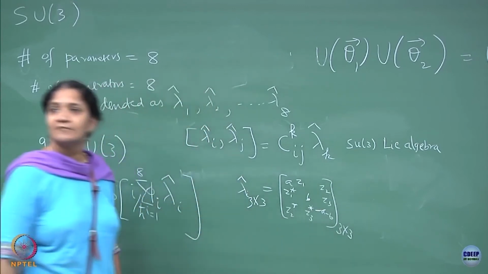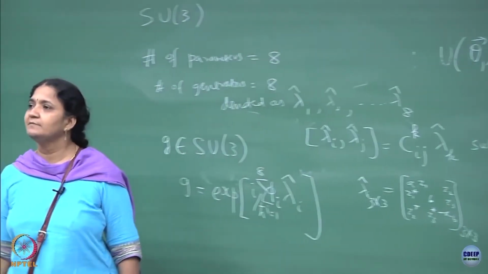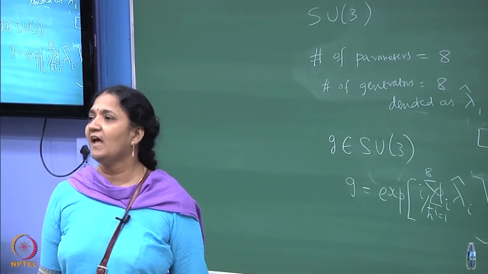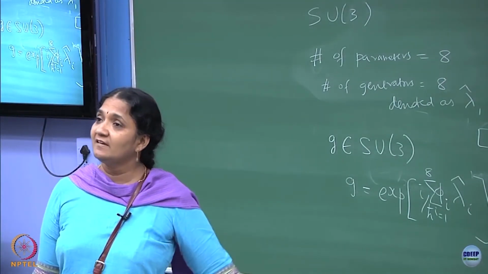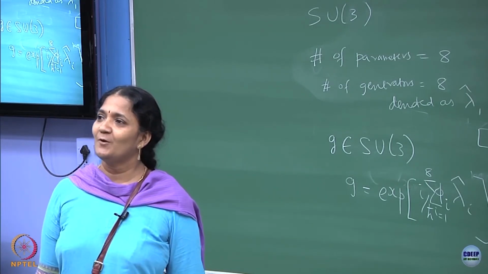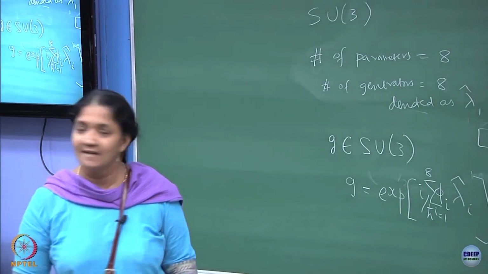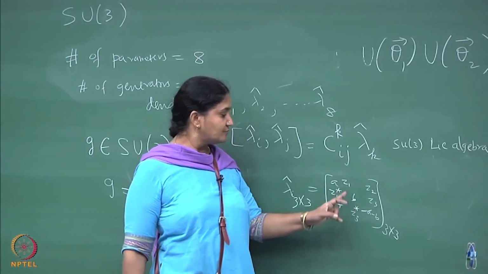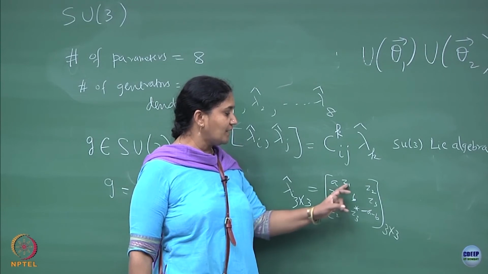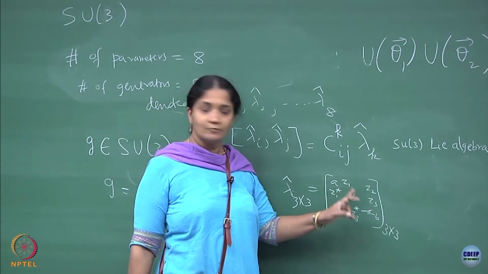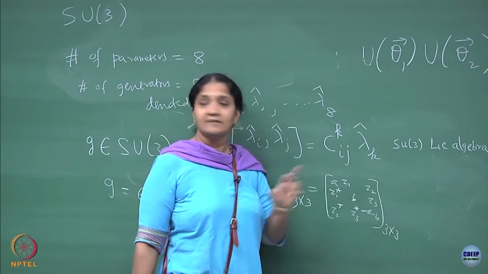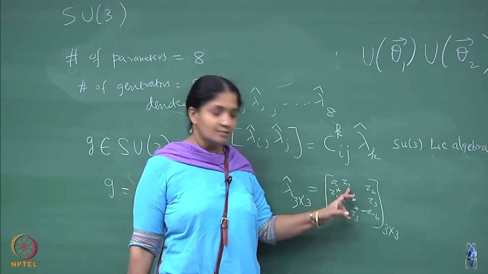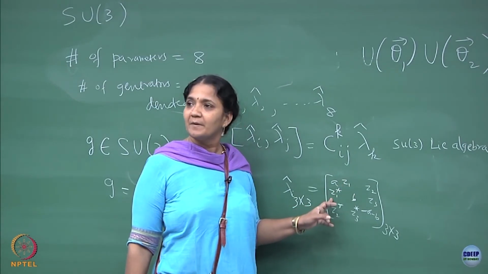The generators have to be traceless and Hermitian, and from there you found that the number of parameters will be 9, and then traceless and Hermitian will have number of parameters 8, right? So there are 2 which are real, then these are complex conjugates, so 2, 4, 6, 8. Complex numbers have 2, but this element is not independent.